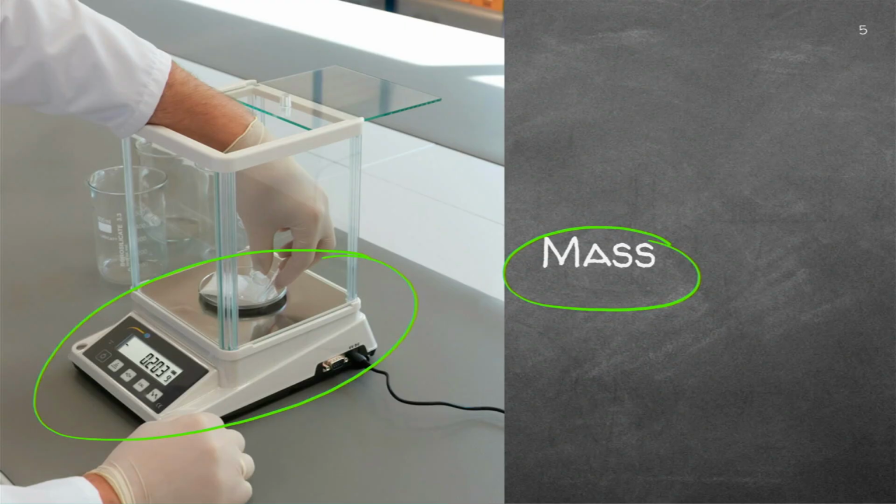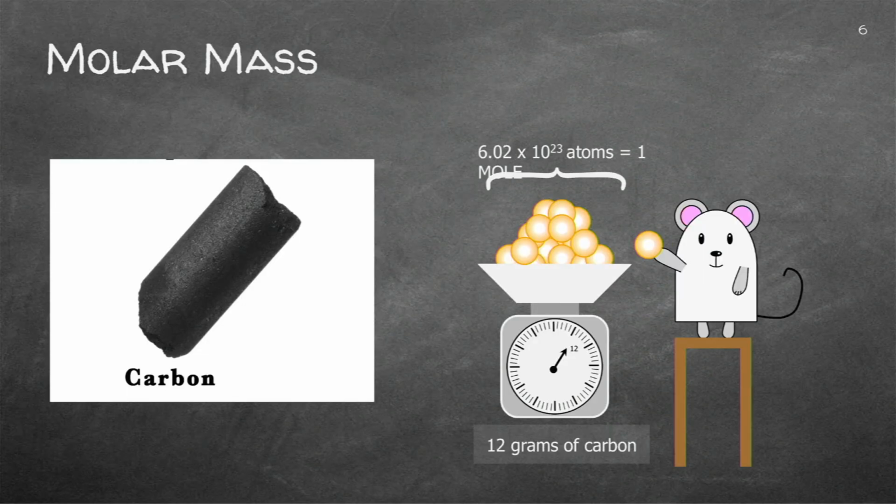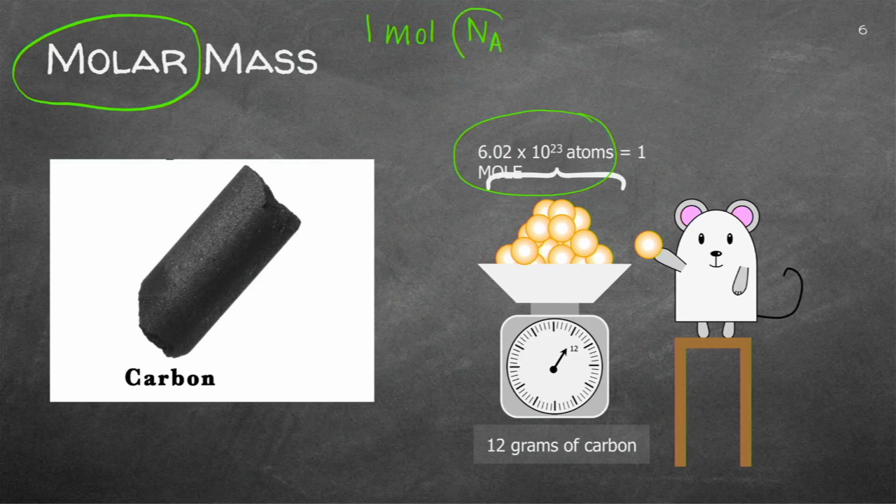Now, I'd like you to quickly get your periodic table already because we're going to have a look at molar mass. Remember, we said a mole will be that number. So 1 mole, and have a look at your information sheet. The name on your information sheet will be Avogadro's number. And next to it, you will see a number like I'm writing down now, which is 6.02 times 10 to the 23.